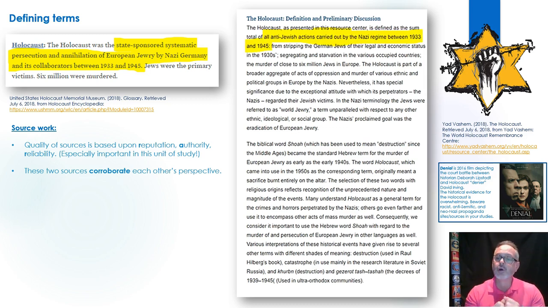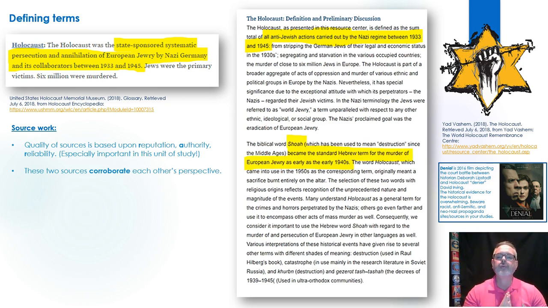So here's an example of two sources corroborating each other. Both of these, we should be able to track back their own sources. I wonder if those particular sites give evidence to support these claims. They do. That's why we're using them. They have authority, they have reputations, they are reliable, they are based upon deep and thorough, documented historical research.